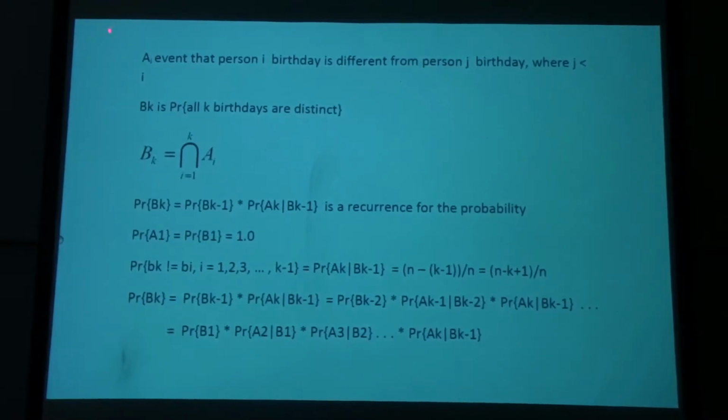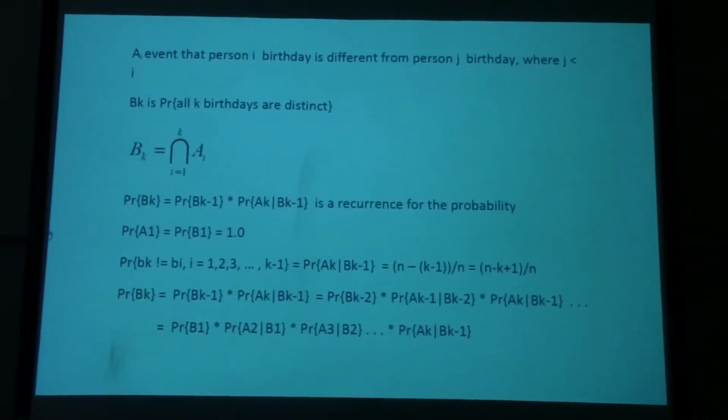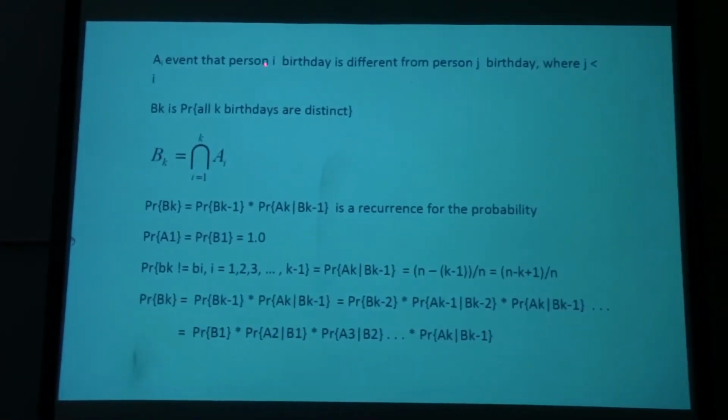So for example, A_10 is the event that person 10 has a different birthday from whom? Persons 1 to j, where j is less than i, which is less than 10. So how many other people? 1 to 9. 9. So basic, okay, you understand that.